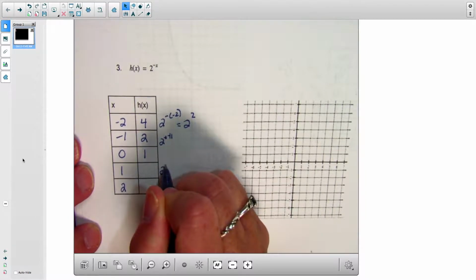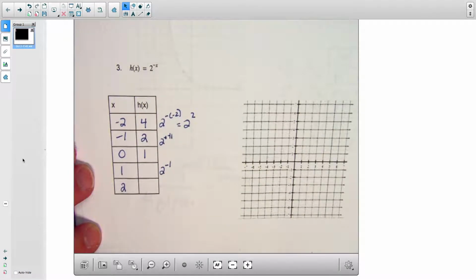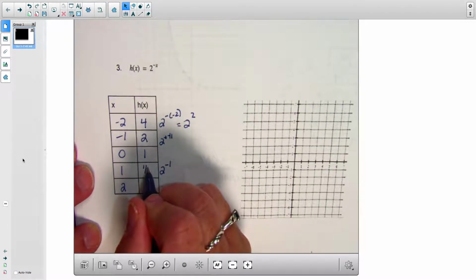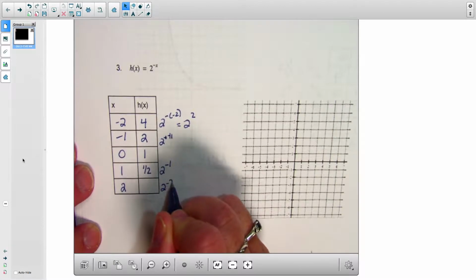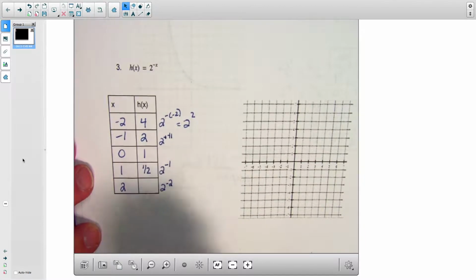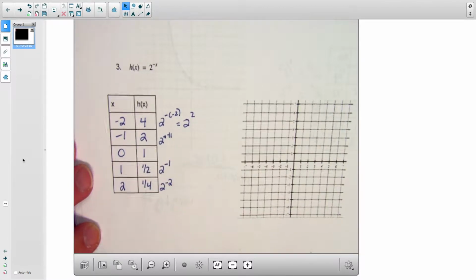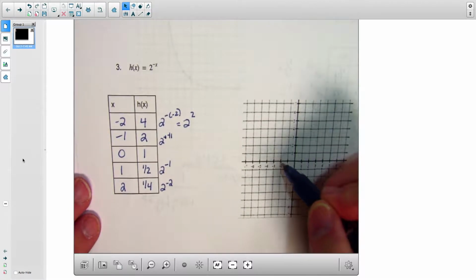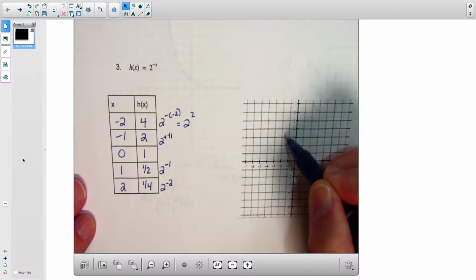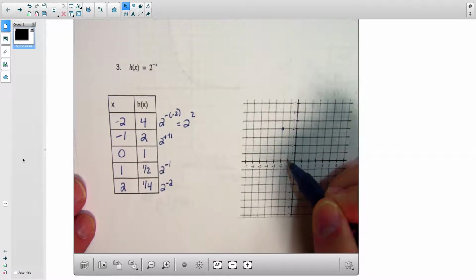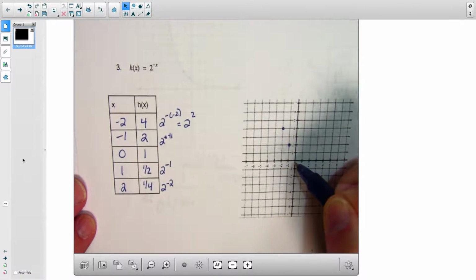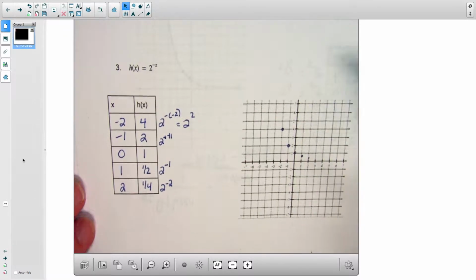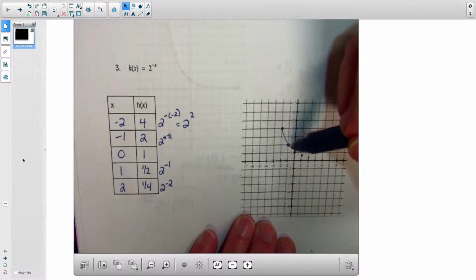This one now is 2 to the -1, which is 1/2. 2 to the -2 now is 1/4. So we've got -2, 4, -1, 2, 0, 1, 1, 1/2, 2, 1/4.